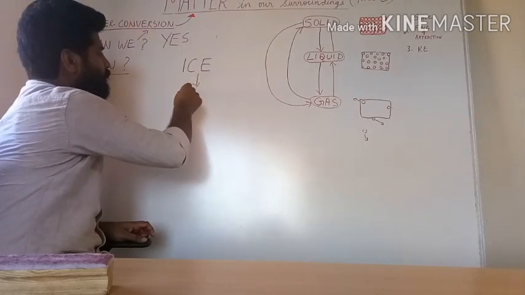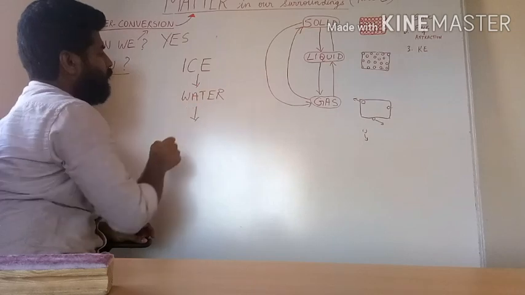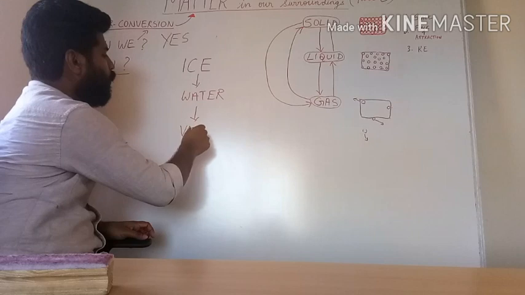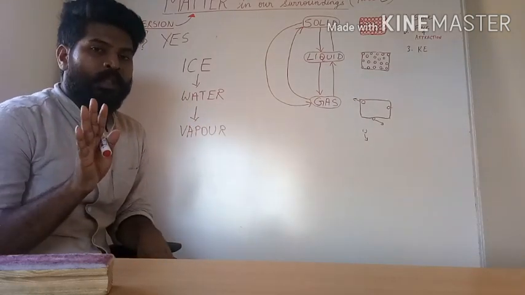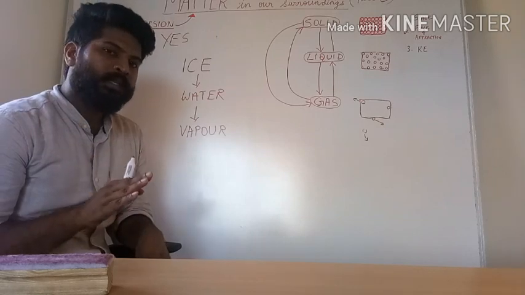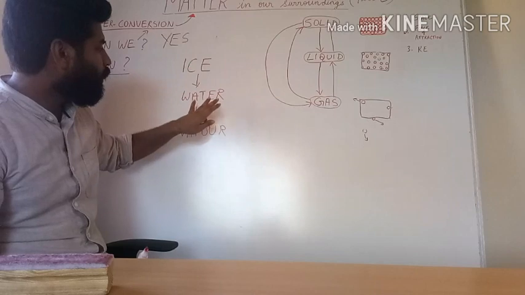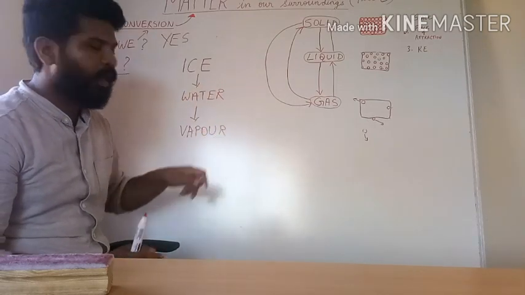In the liquid state, it is present as water, of course. And in the gaseous state, water can be seen as vapor. The same compound can exist in 3 different states of matter: ice, water, and vapor, solid, liquid, and gas.